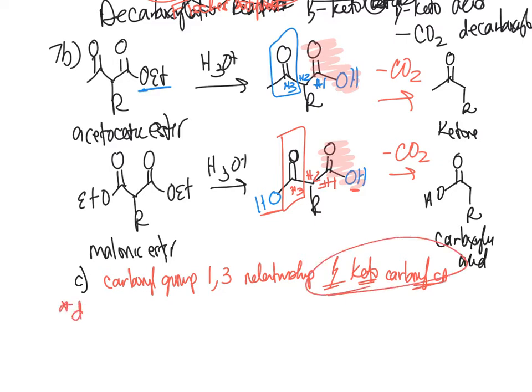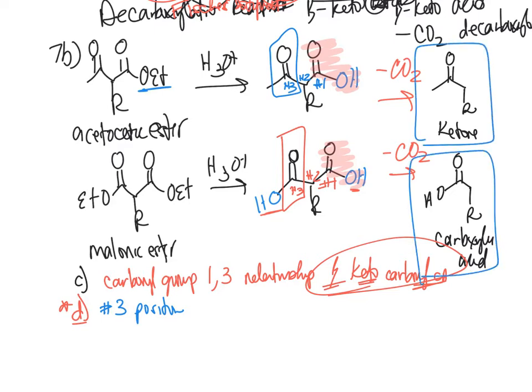I put a star by D. Carboxylic acids can undergo decarboxylation when a second carbonyl group is located at the, what did you say? The 3 position. That's right. Draw the decarboxylation products for each of the compounds shown in 7B. That's this one here.